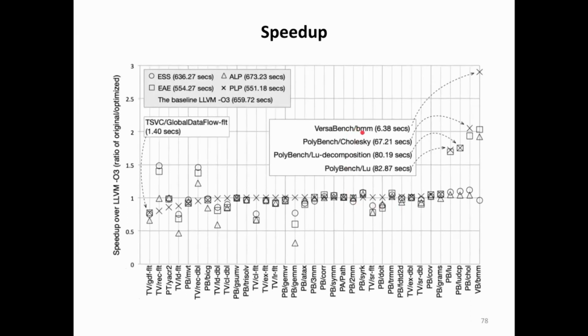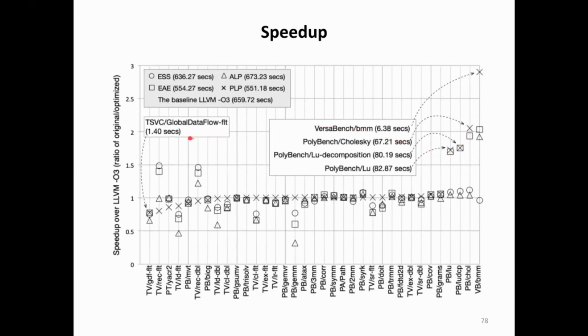VersaBench, like this BMM benchmark from VersaBench, the speedup that we got with PLP, the pre-loop profiling, which is the fastest and safest solution that we're proposing in terms of performance, was almost 3 times compared to LLVM -O3. We also have Cholesky, LU, and LU decomposition that got speedups close to 2 and greater than 1.5.